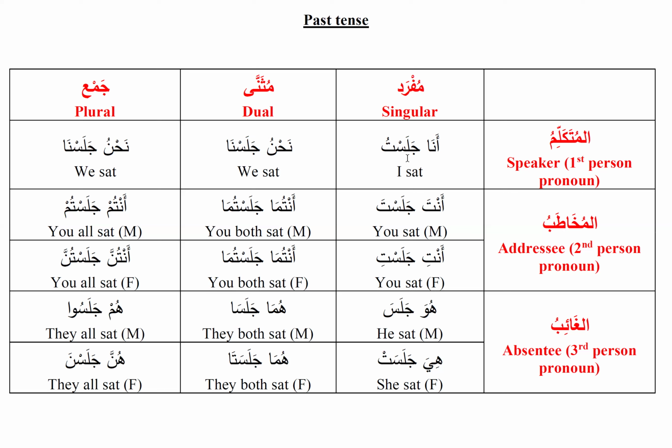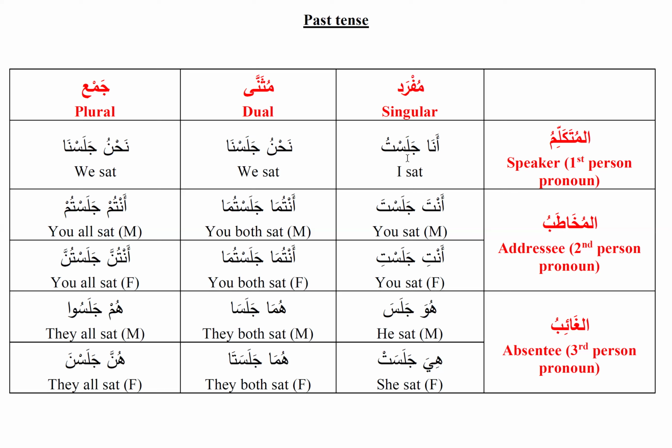Huwa jalasa. This is the origin of the verb. Then you add things to it. So when you want to say I, you add a tu at the end. Now, it is difficult to pronounce jalasa tu. See, there's no flow to it. So what we do is, we make the sin, which is the last letter of the verb, sukoon. So that we can say jalastu. There's a flow to that.